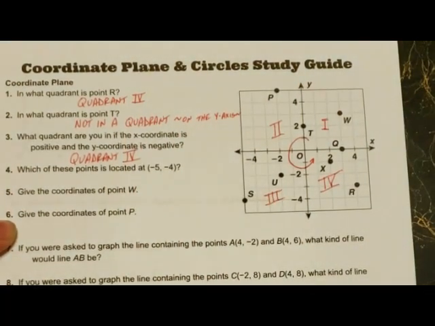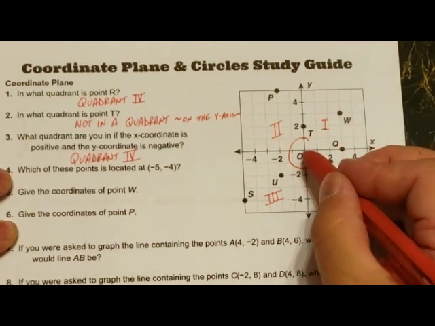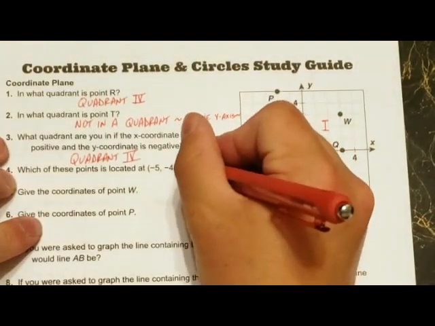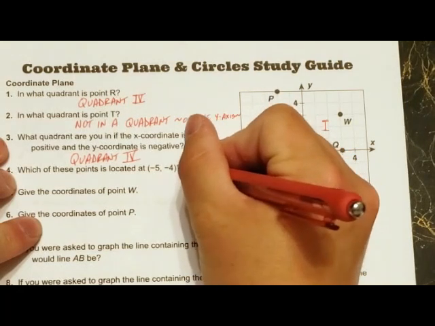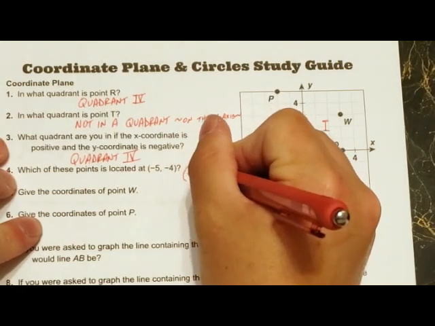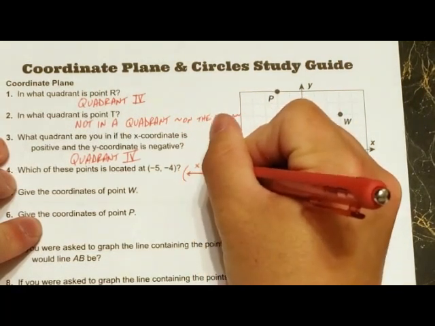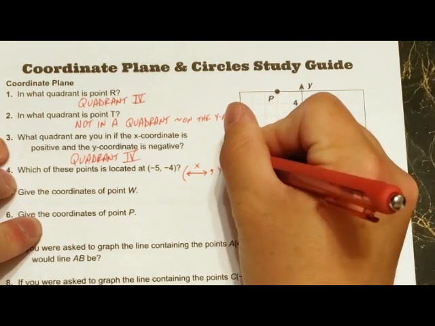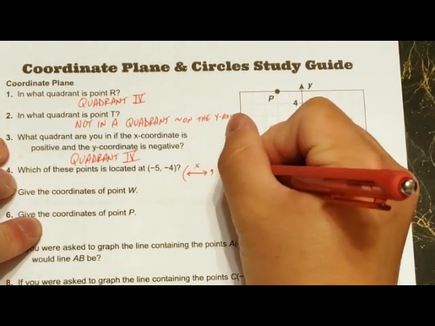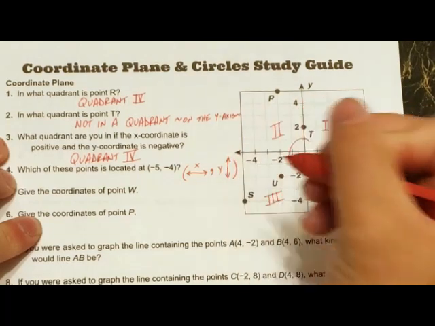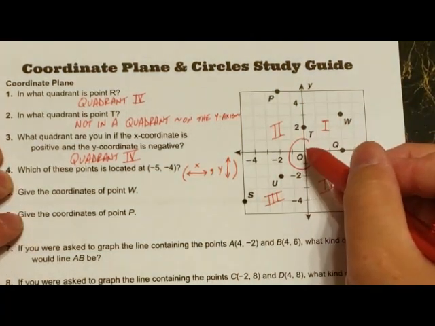Which of these points is located at -5, -4? So from the origin, the first number is your x-coordinate, and it tells you how many places to move left or right. Your second coordinate is the y-coordinate. It tells you how many places to go up or down. All right, so the first one is -5.